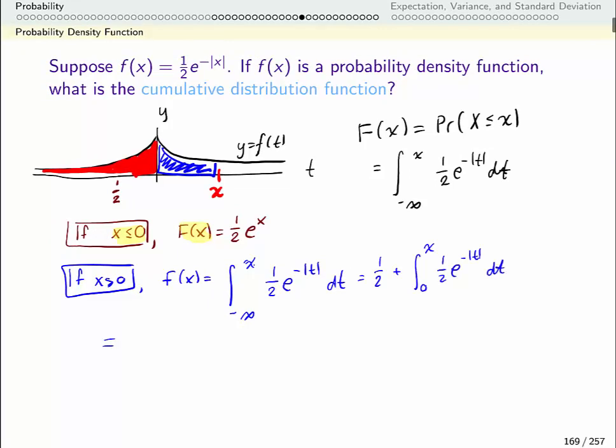When x is positive, the absolute value of x is just x. So for this integral, I can just drop the absolute value of t, because I'm only considering positive values of t. And now I evaluate this integral. It's not even improper anymore.